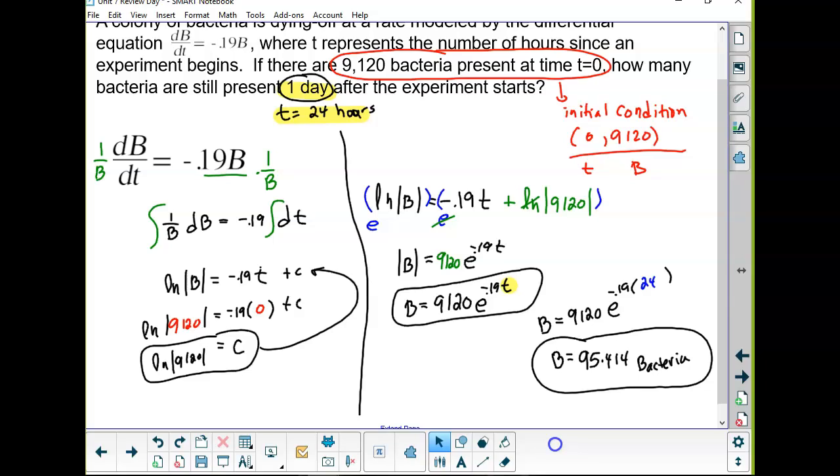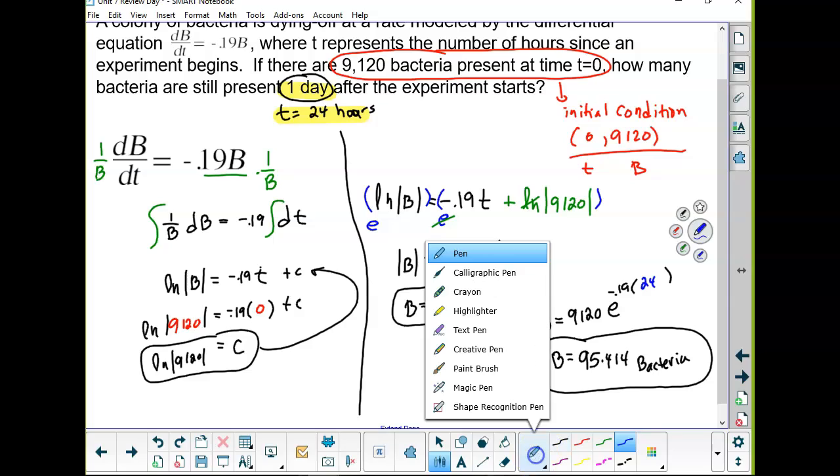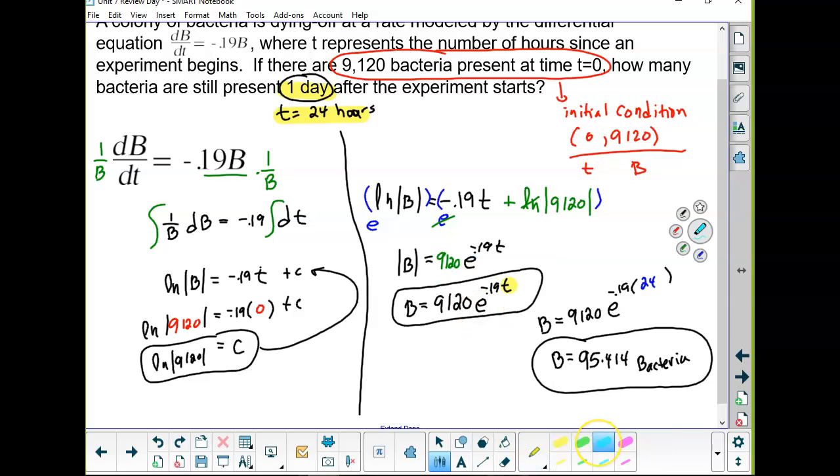So I'm hoping that now with this review, we've really done the same process all day, all unit, right? Separate the variables, do the antiderivative, and then there you go. I want to make one little note. If I gave you this equation right here, without any context, how do you know that this is a decay function?